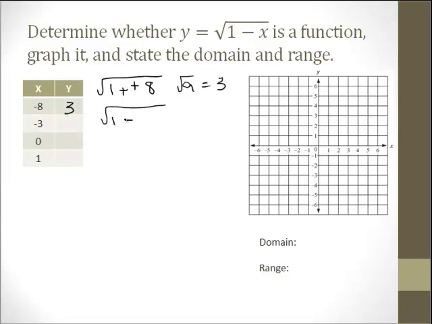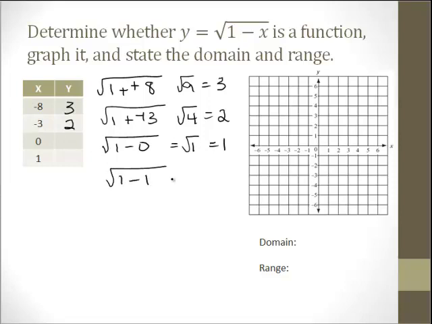The square root of 1 minus negative 3, or the square root of 4, which is 2. The square root of 1 minus 0, which is the square root of 1, or 1. And the square root of 1 minus 1, which is the square root of 0, or 0.